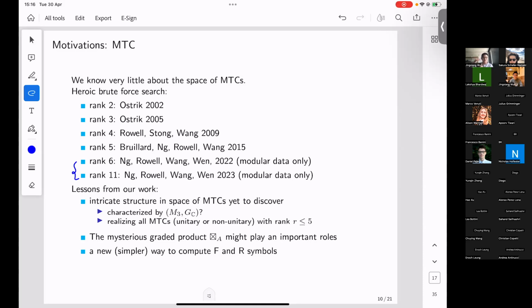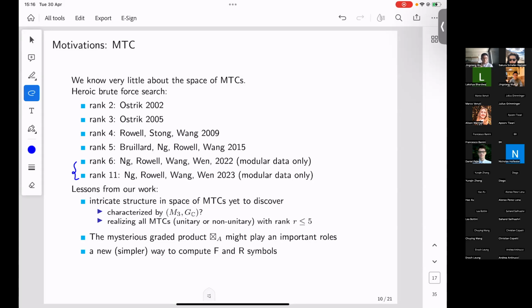They solve part of the equations, and it's a final list. So all the possible MTCs should be contained in their list up to rank 11. But I guess it's not guaranteed that all the solutions they found will give you a well-defined MTC. Okay, thanks. No problem.